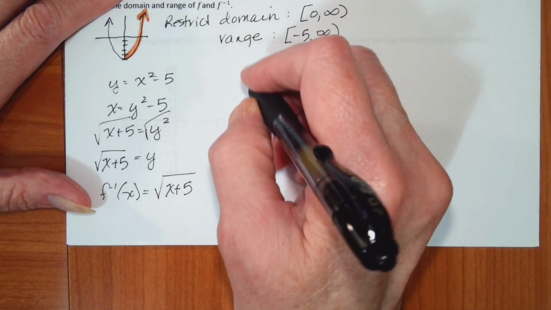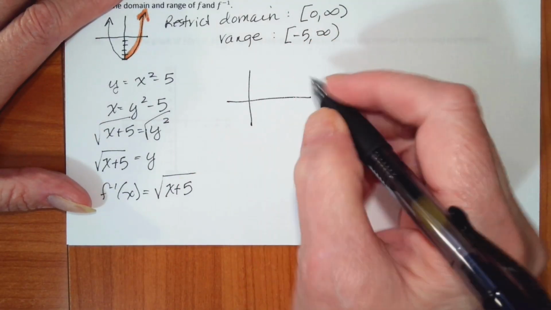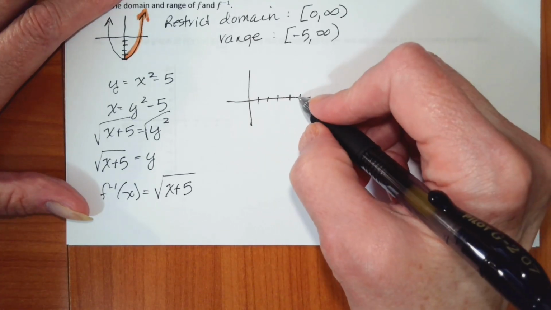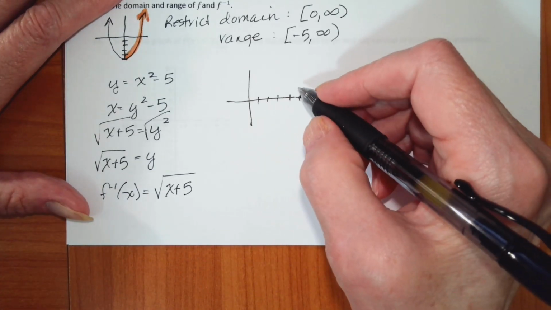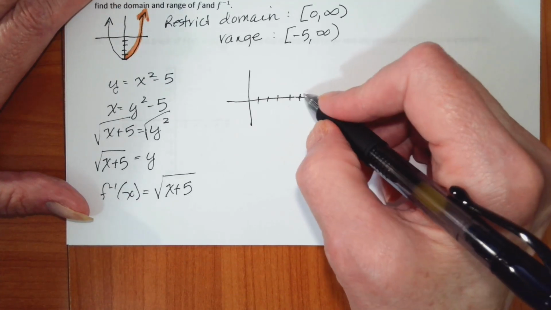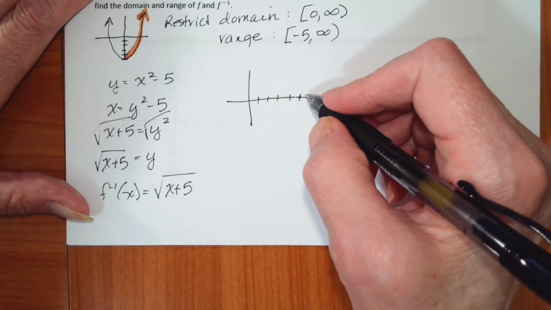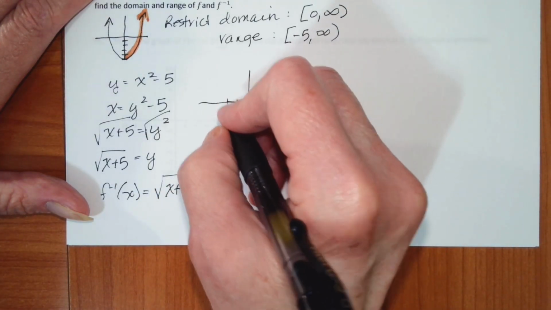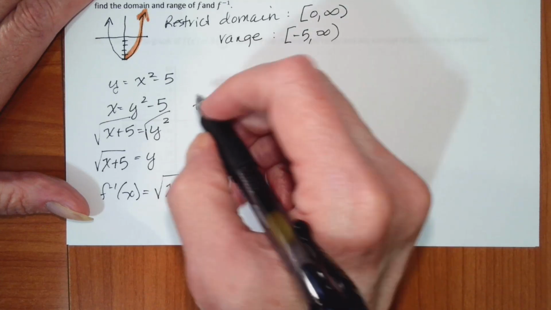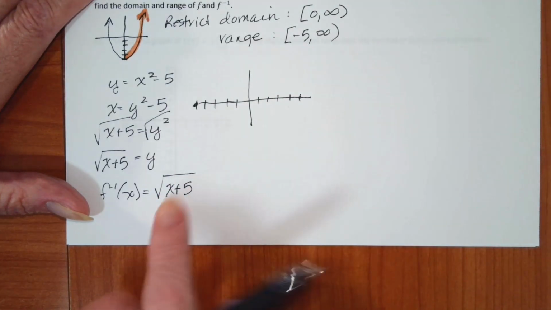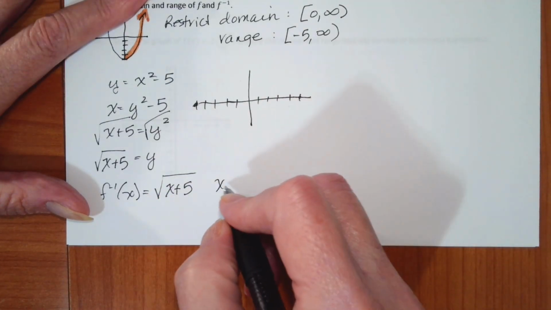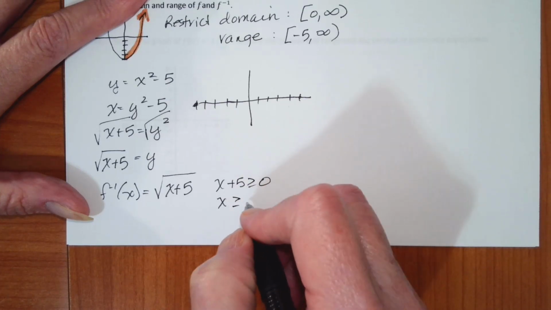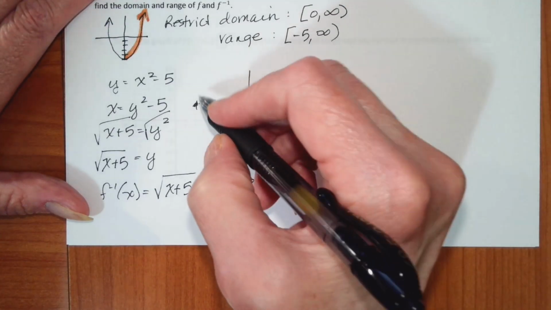Now, again, if I want to graph that real quickly, the square root function looks like this. So 1, 2, 3, 4, 5. Okay. So it starts x plus 5 has to be greater than or equal to 0, so x is greater than or equal to -5.